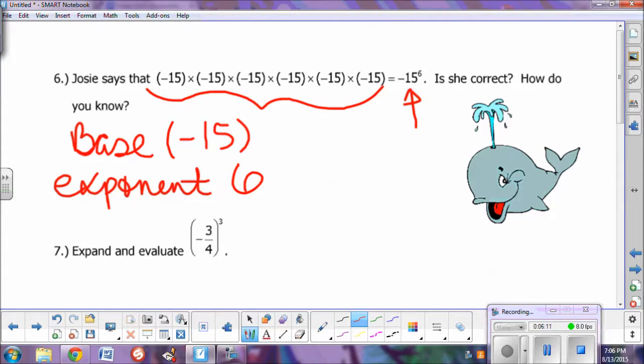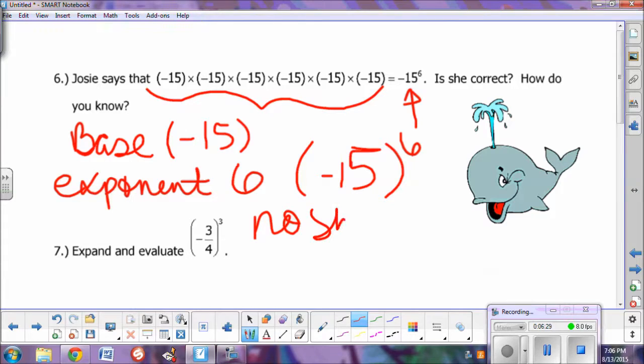So if I were to write that in exponential form, I would say parentheses negative 15 to the 6th power. So what did she leave off? She left off her parentheses. So right now, is Josie correct? No. She is not correct.